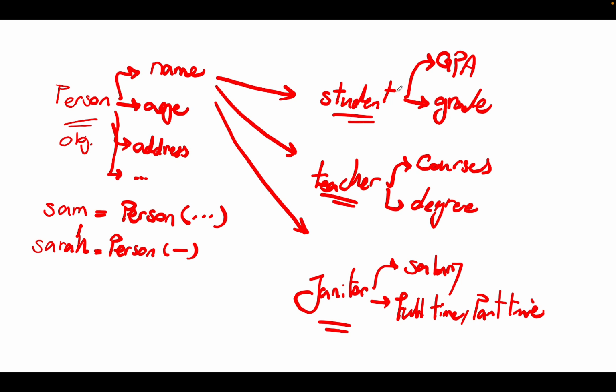So these objects, student, teacher, janitor, are inheriting some features from this bigger class, which is the person class. And thus, these are called the subclasses of person. So this is the concept of objects in Python, or in any other programming language, honestly. But we're talking about Python, so that's why I say Python.